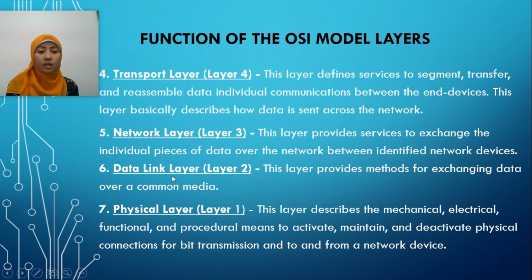Then we have also the data link layer, layer 2. This layer provides methods for exchanging data over a common media. And lastly, we have the physical layer, which is layer 1. This layer describes the mechanical, electrical, functional, and procedural means to activate, maintain, and deactivate physical connection for bit transmission to and from a network device.